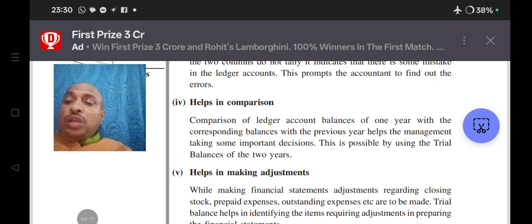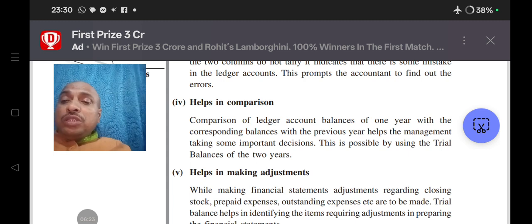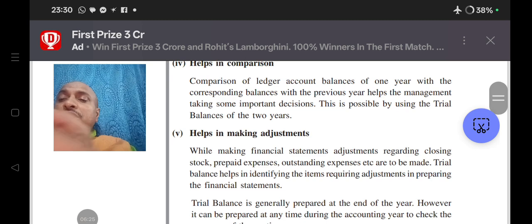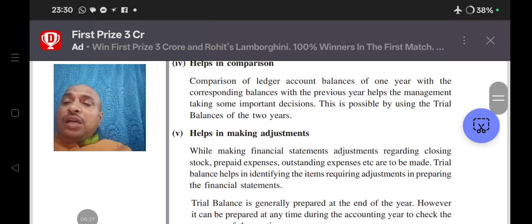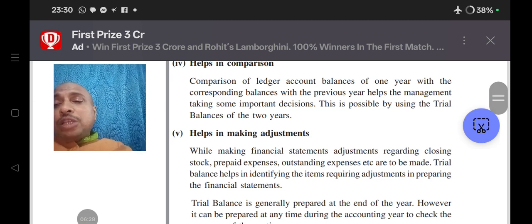And if it is lesser this year, then you have to find out the reason why the sale is lesser this year. So इस तरह से comparative analysis में आपको ट्रायल बैलेंस हेल्प करते हैं.